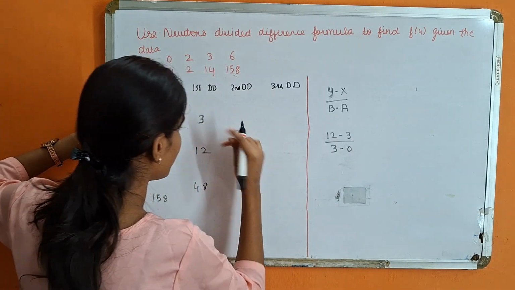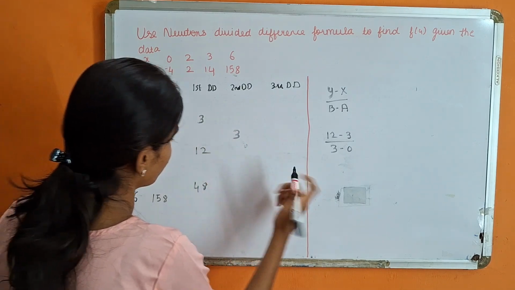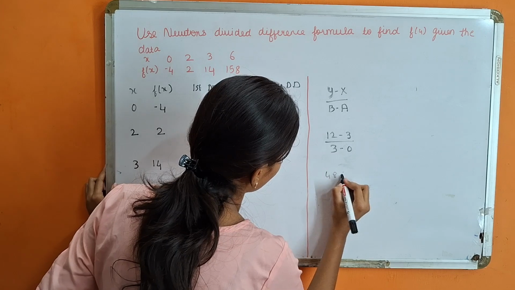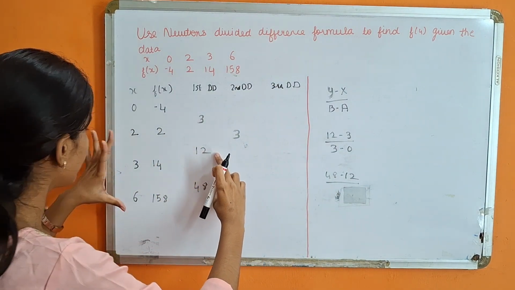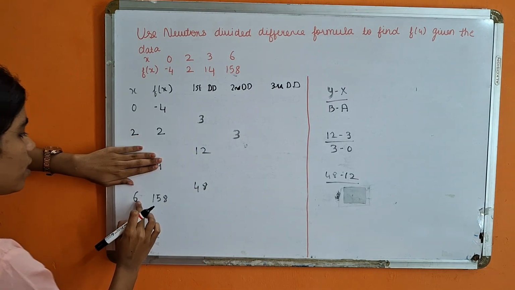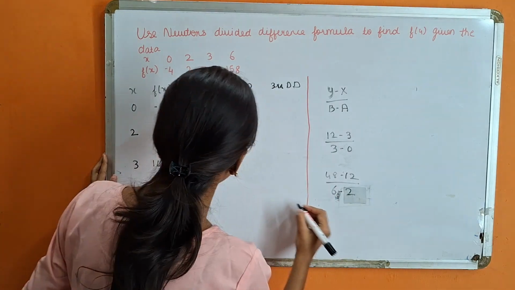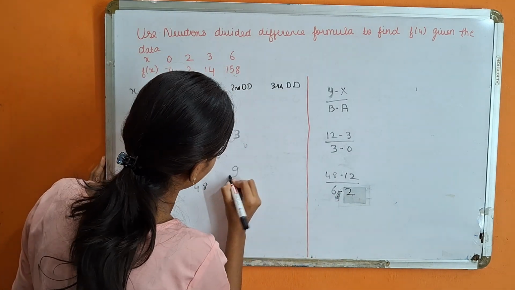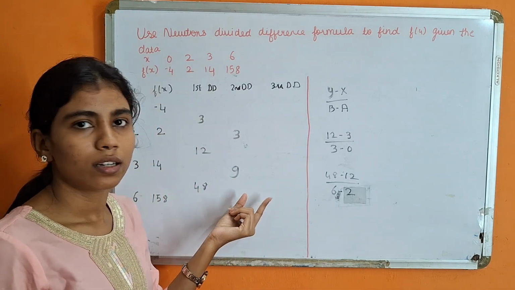You have to write it in between of these 2. Now next you consider these 2 terms, that is 48 minus 12, divided by these 2 terms connected to these 3 terms. So you hide the middle one, then you get 2 and 6, that is 6 minus 2. So you get the answer 9. Okay, so this is how we find the second DD.